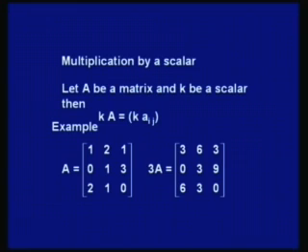That is, 1 into 3 is 3, 2 into 3 is 6, 1 into 3 is 3. Similarly, 0 into 3 is 0, 1 into 3 is 3, 3 into 3 is 9, 2 into 3 is 6, 1 into 3 is 3, and 0 into 3 is 0. So 3A is this matrix obtained by multiplying A by the scalar 3.